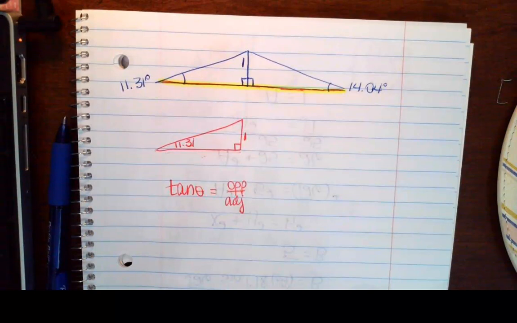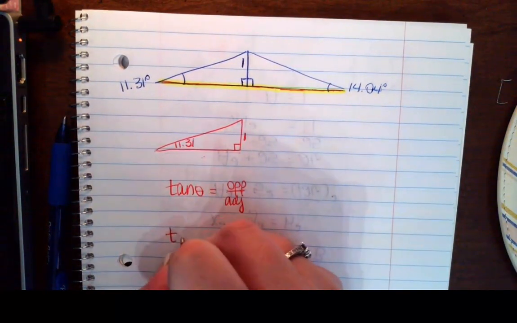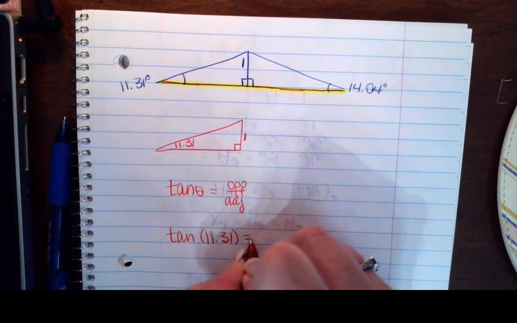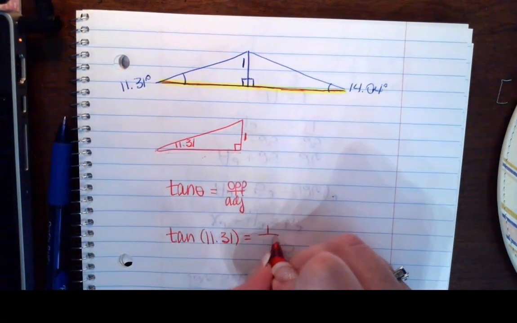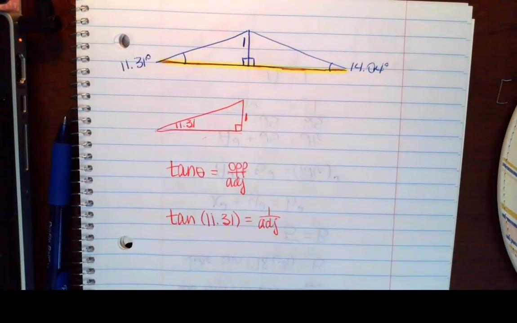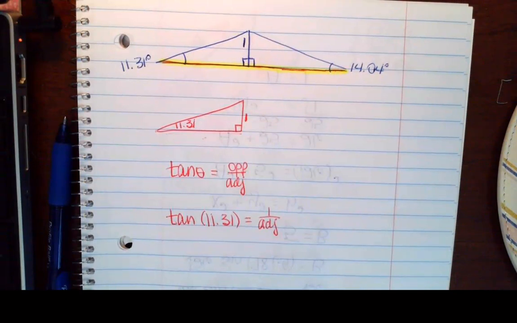So what do I know? I know the tangent of 11.31 is going to equal 1 over the adjacent side. We're just going to take one more step for this one.